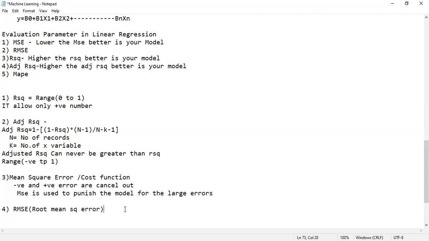In mean square error, you will get a value in squared units. If you get 49 rupees, it will be 49 rupees square. To bring that back to its normal value, we use root mean square error.